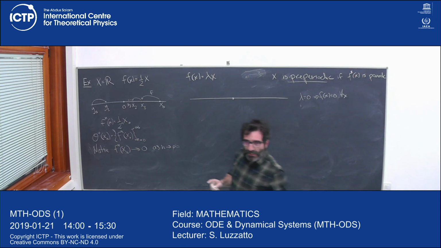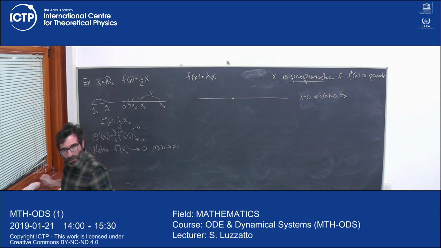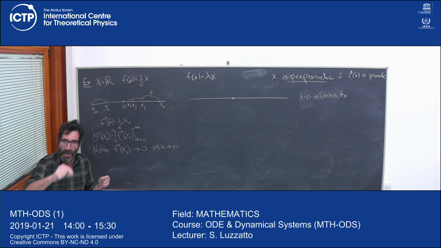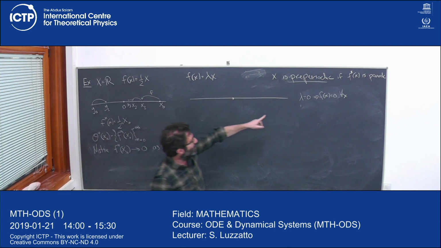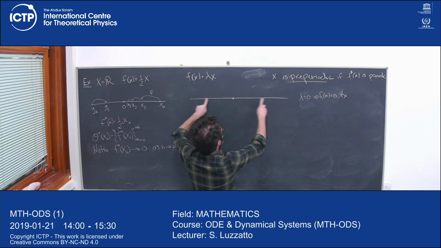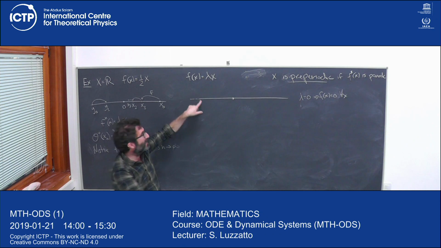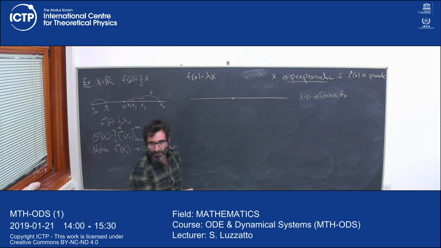In other words, when the map is non-invertible, you may have a point that is not periodic, but after some time it lands on a periodic point. Just like when lambda is equal to 0, all these points are not fixed points, but after one iterate they immediately land on 0, which is a fixed point. And then they stay on 0 all the time.